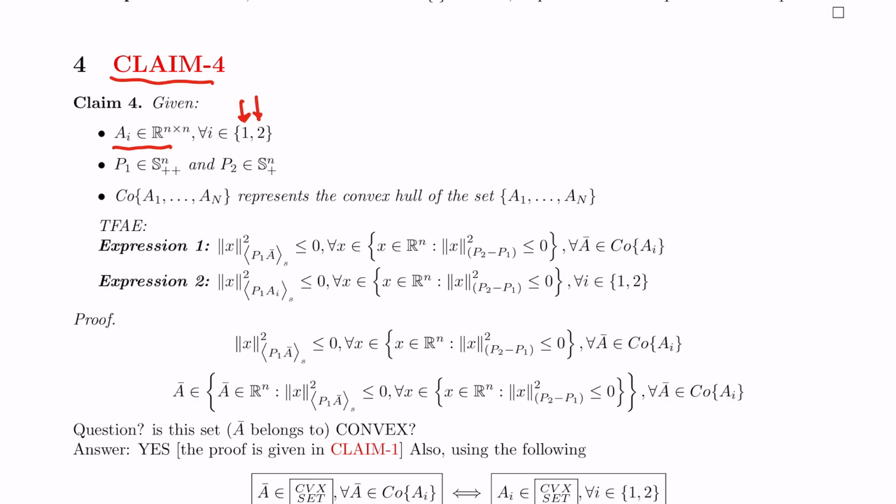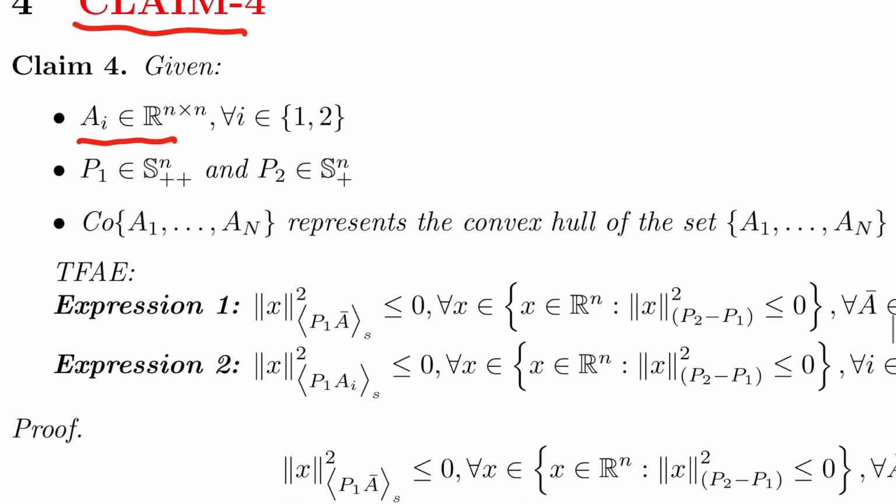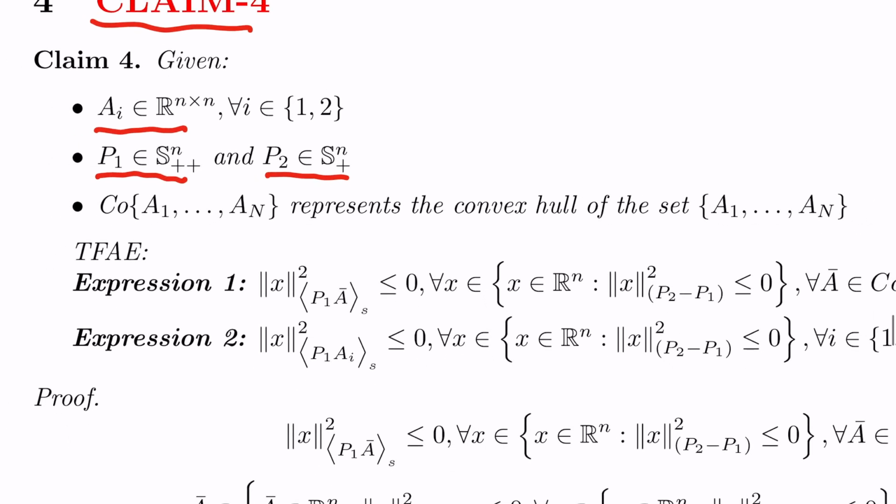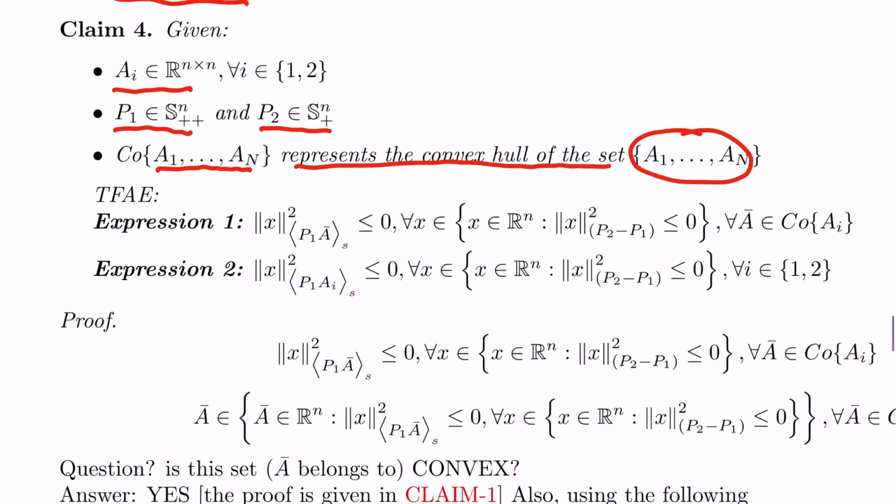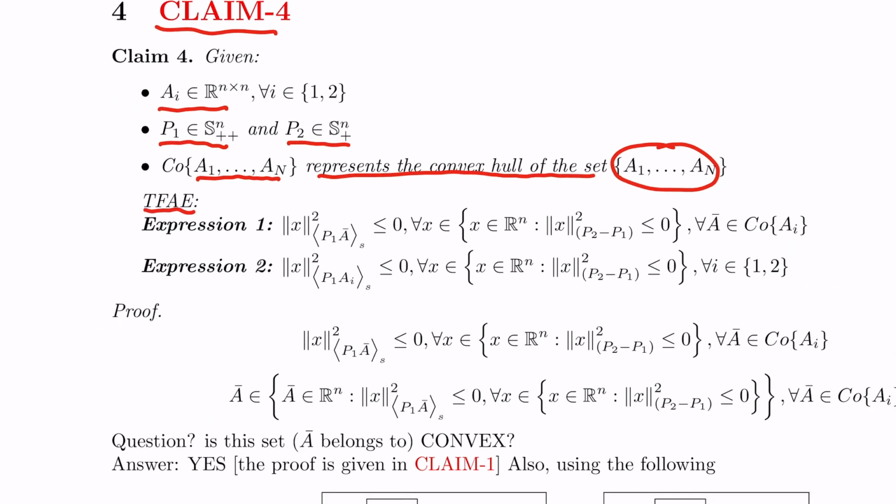This is A sub i, and we have A1 and A2 n by n matrices, okay, and then we have a strictly positive definite matrix P1, and then a positive semi-definite matrix P2, and again we have, wait a second, yeah, I thought for a second there was a typo. This represents the convex hull of this set, okay, and TFAE, what does that mean?